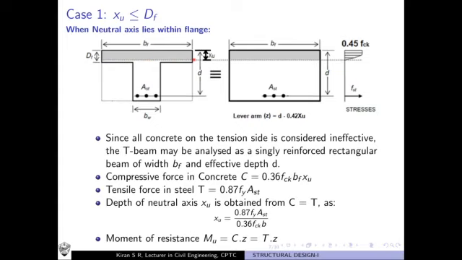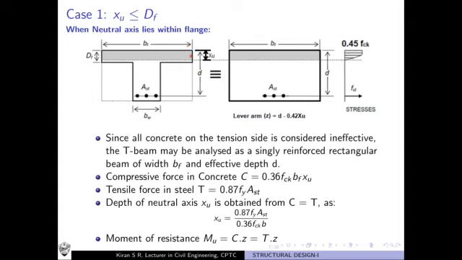Okay, the important parameters of the flanged beam BF, DF, BW are all given here. The reinforcement is provided on the tension side, so tension steel AST, area of steel, is also given. The depth of neutral axis XU and the effective depth of the beam is also represented.